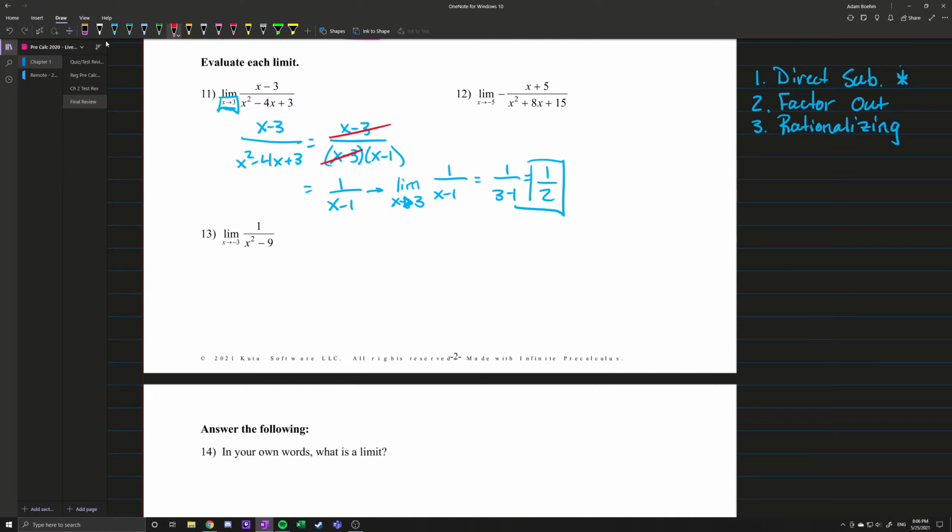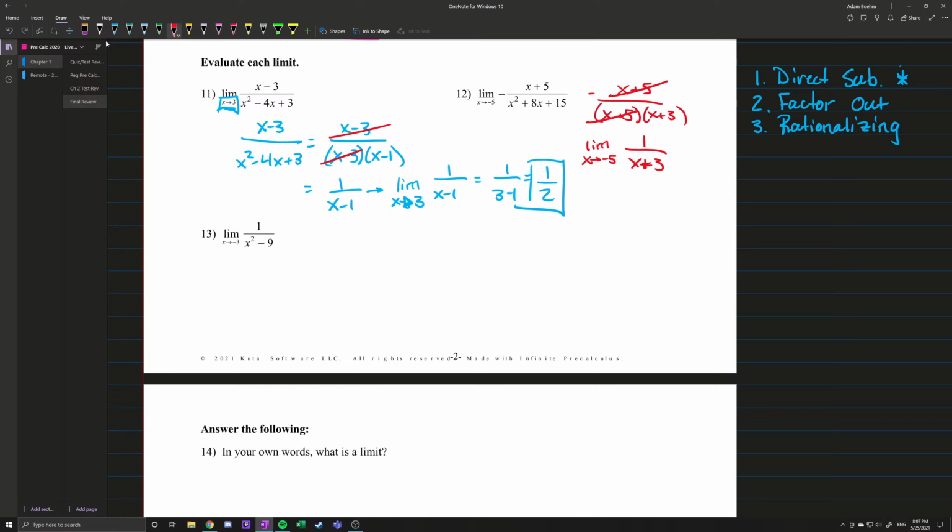So we can try and factor the bottom, and we're going to get negative x plus 5 over x plus 5 times x plus 3. We have a common factor, so we're really left with the limit as x approaches -5 of 1 over x plus 3.